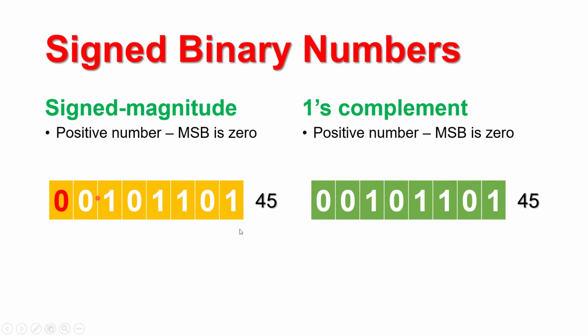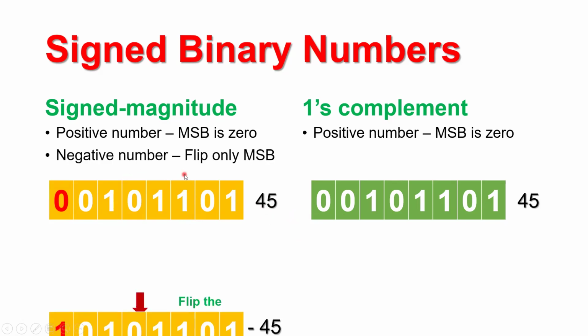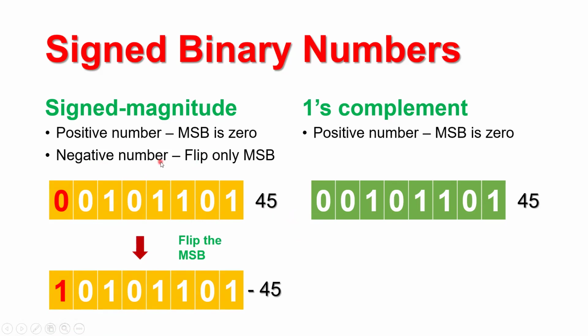How do we get these bits for 45? You have to do the decimal to binary conversion and vice versa. How about negative numbers? For negative numbers in signed magnitude, you have to flip only the MSB of the positive representation. So you first write the positive number, which is 45.